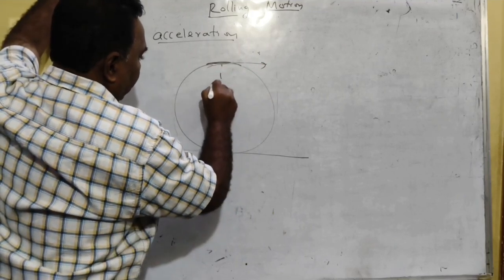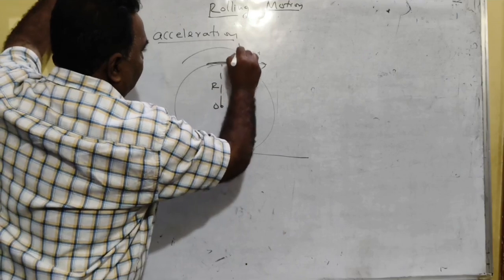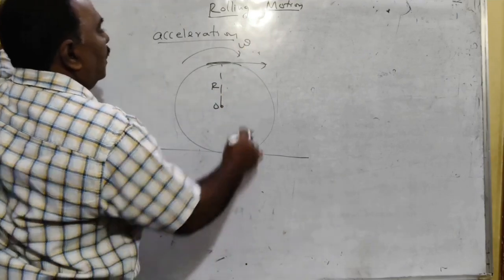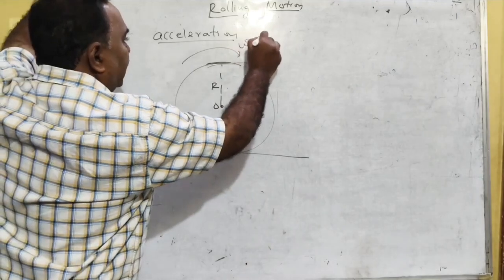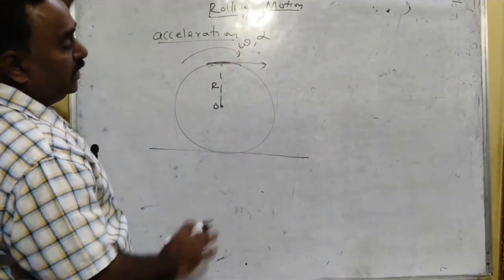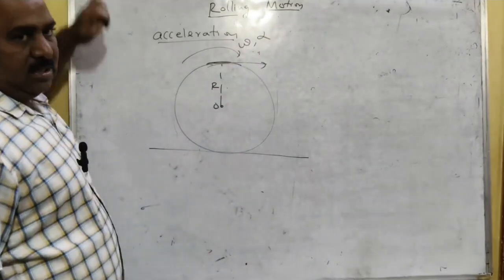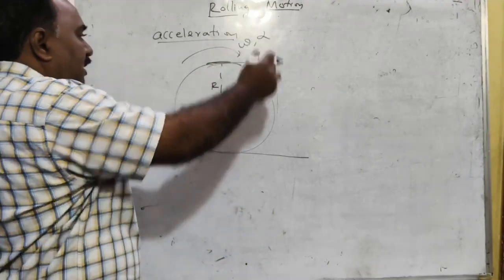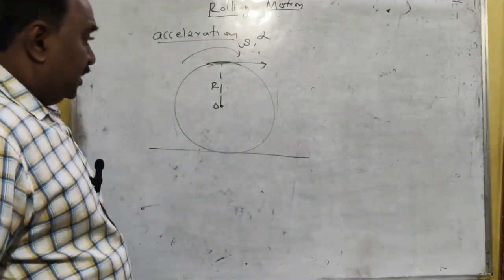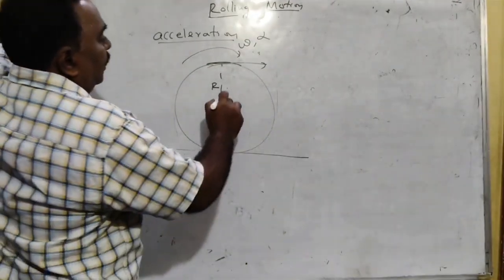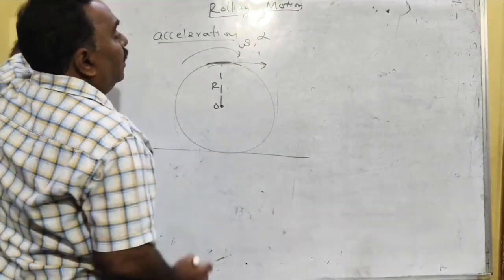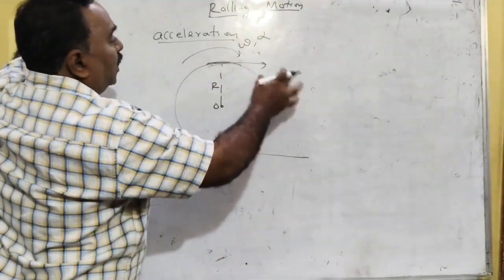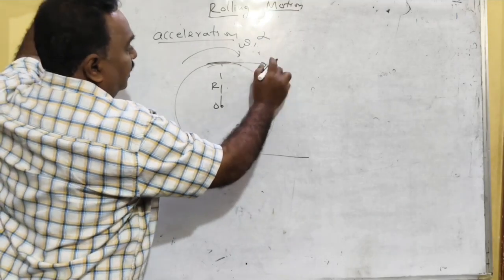This is the center, radius R, which will be moving with angular velocity omega. Because omega changes, the body will get angular acceleration. That's why it is not uniform angular velocity. Let this body be rolling with uniform angular acceleration.